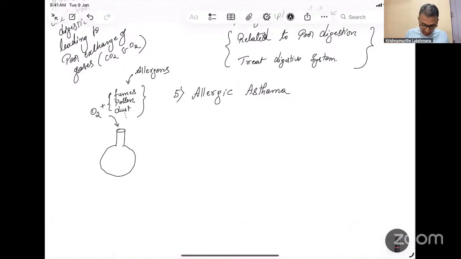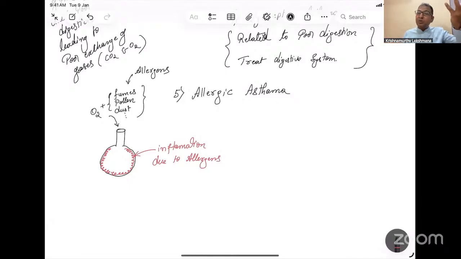This creates inflammation in the walls of the alveoli. So what do you call this? This is inflammation due to allergens. And this inflammation interferes in the exchange of the gases.